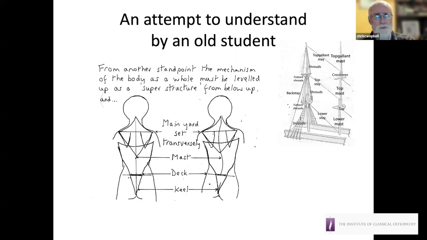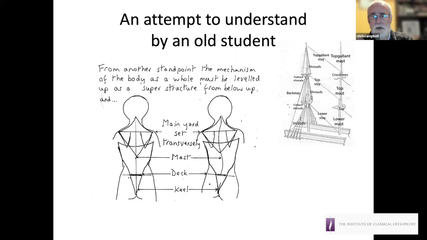And when we were taught to look at a single lesion and we look to say which way is it side bent and rotated, we wouldn't stop there. It wasn't just, is it side bent to the left and rotated to the left? The next question is, which way is it side bending? Is it still side bending to the left and rotating to the left, or is it now side bent to the left and beginning to try and rotate to the right?